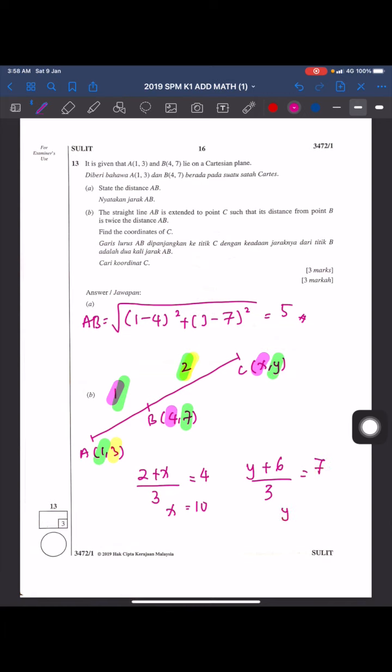So Y is equals to 7 times 3, 21 minus 6, 15. So sini kita akan dapat coordinate of C, which is 10, 15. So settle for question number 13.